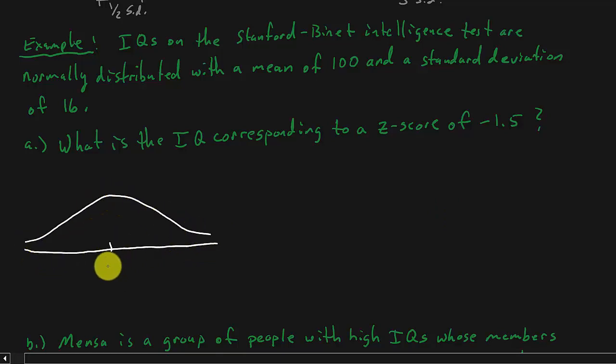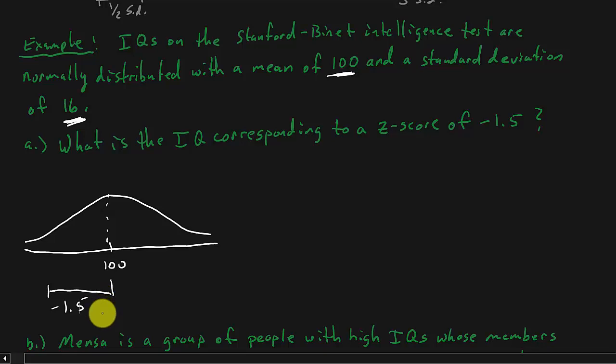The mean is 100. Okay, so there's your mean, there's your standard deviation. And they want to know what is the IQ corresponding to a z-score of negative 1.5. So this is negative 1.5 standard deviations below the mean.